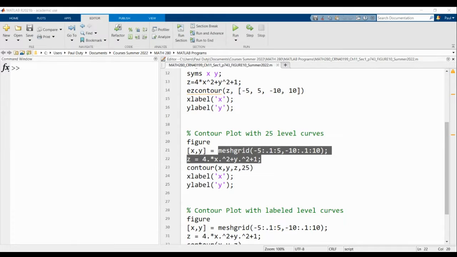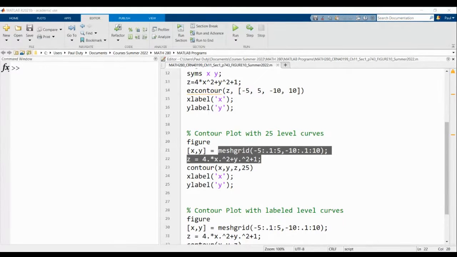When you use the mesh grid command and type in your function, you want to use pointwise notation. That's what it's called. Remember, MATLAB can do matrix operations, so when you create a mesh grid, MATLAB looks at a matrix of values.